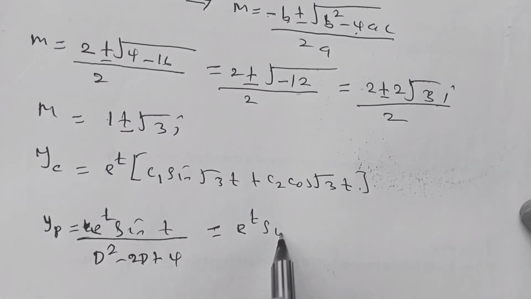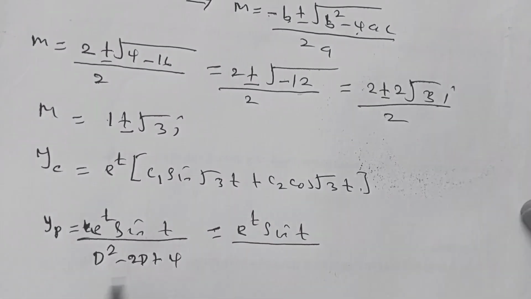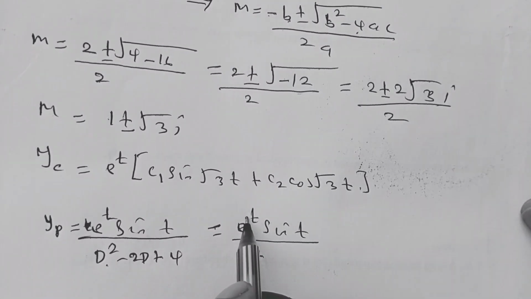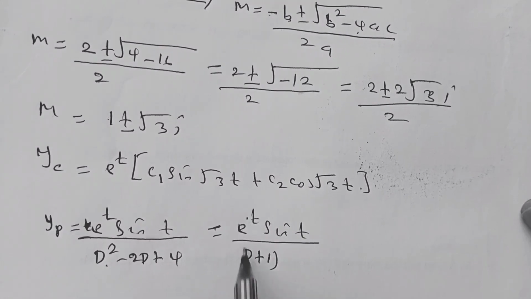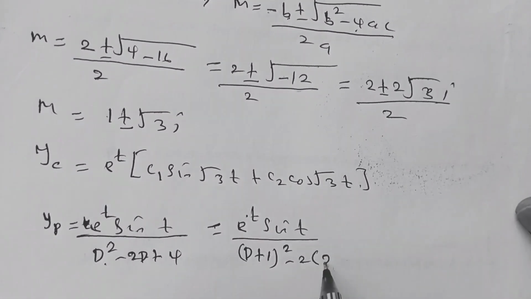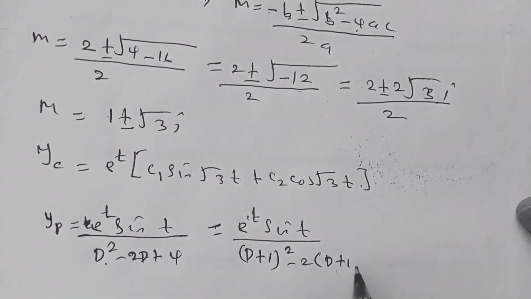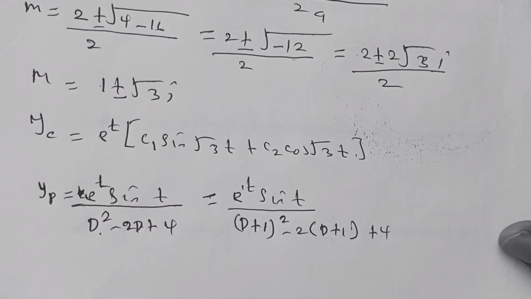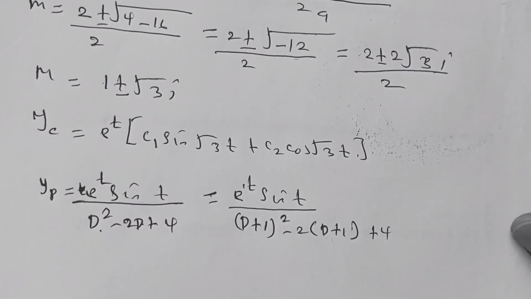Where you have D, you write D plus the coefficient of this exponent here, which is 1, and you square, minus 2 into bracket. Where you have this other D, you write D plus the coefficient of t here, which is 1, then plus 4. That is how we are going to deal with that particular case.